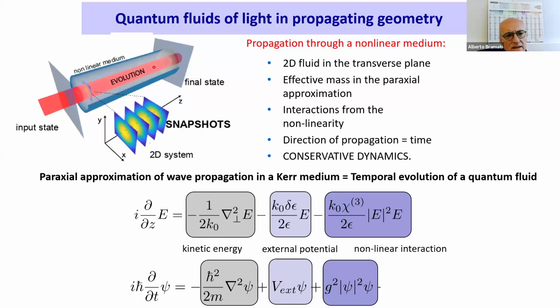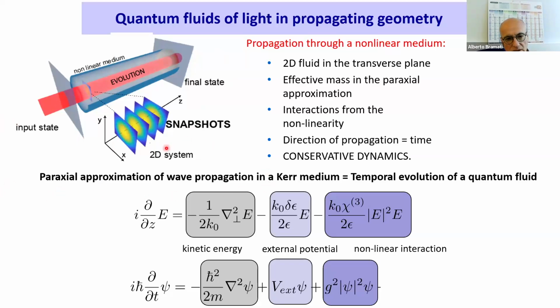We have just a nonlinear medium and the beam which is propagating inside. In the case of paraxial approximation, this means that we consider a quite collimated beam, not too divergent.